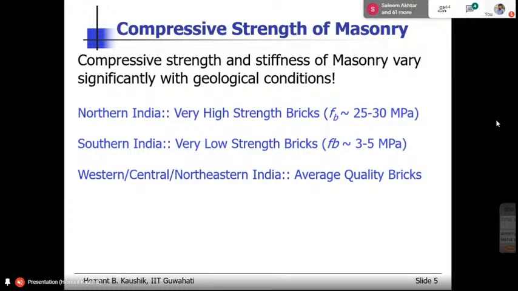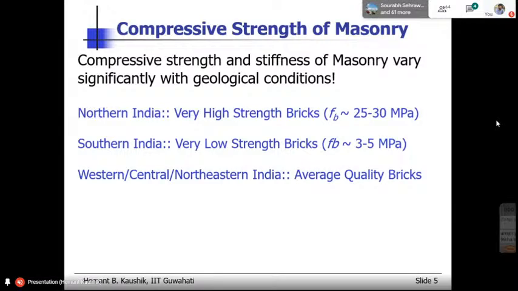And if you move toward the western or northeastern part, we have average quality bricks. But in Manipur, the brick strength can go as high as 40 to 45 MPa. So that is a huge variation, starting from 3 MPa to 40 MPa, across the country.